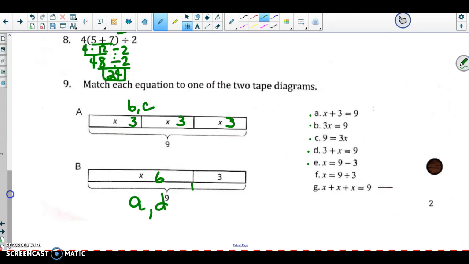So that's got to go down here with B. And then for F, 9 divided by 3 is 3, which is my answer for A. So that one's going to go up here for F. And then the last one, x plus x equals 9, or 3 plus 3 plus 3 equals 9. So G would go up here.